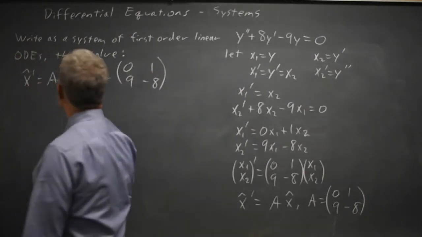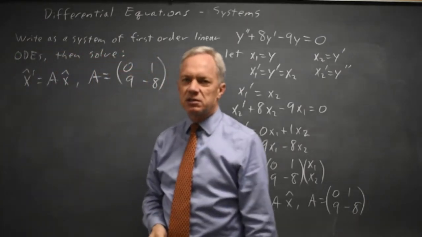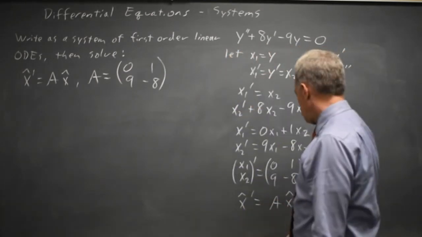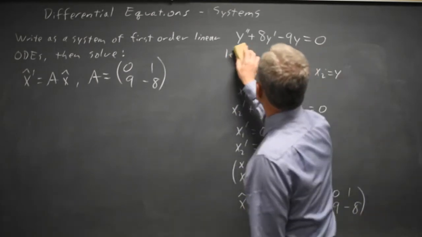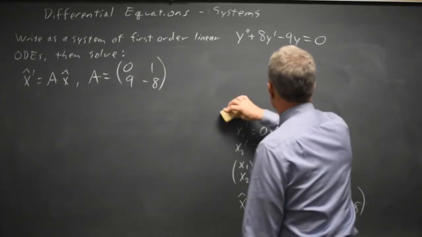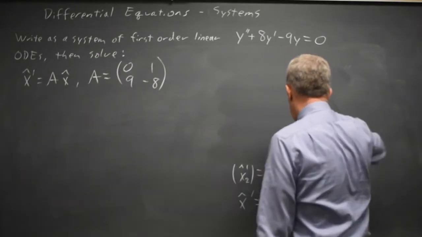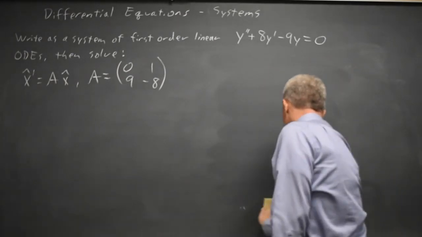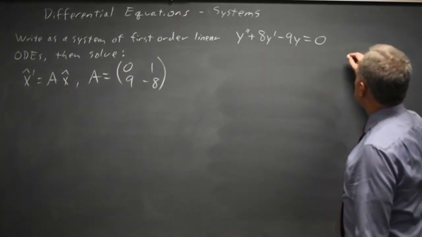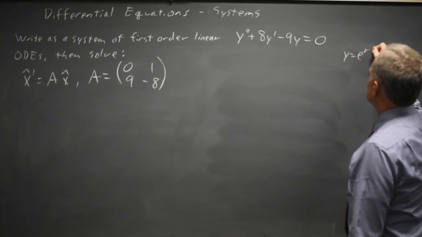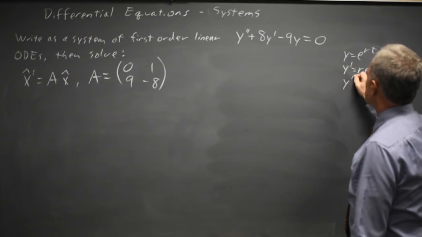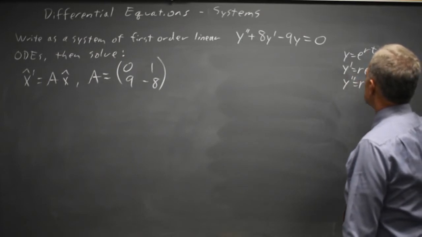And I'm hoping when I solve this, I'll get something that's connected to the solution we know from the characteristic polynomial. If we substitute y equals e to the rt, that gives us y prime equals r e to the rt, and y double prime equals r squared e to the rt.